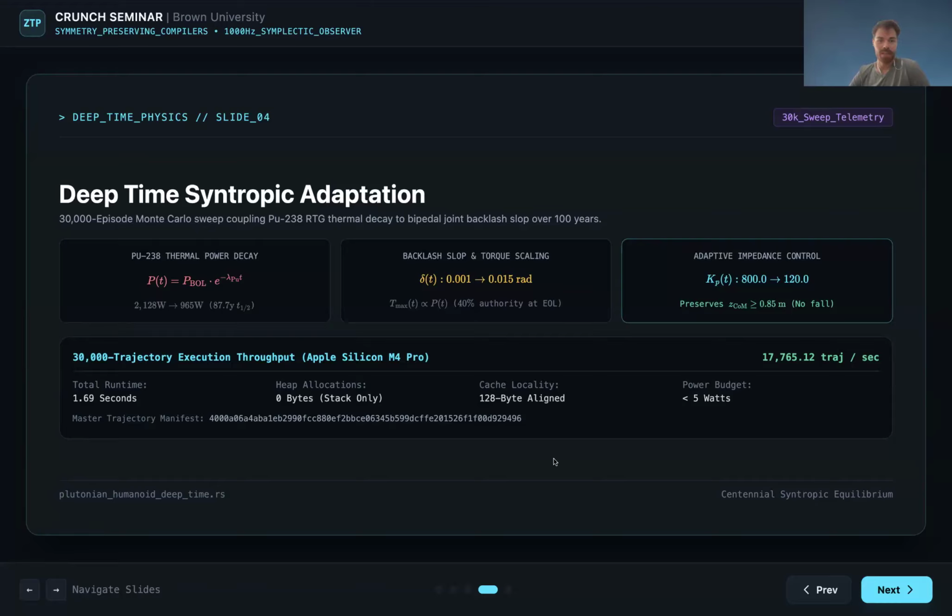I recognize that saying that I ran 30,000 trajectories at 17,000 trajectories a second, with a total runtime under 2 seconds, sounds kind of insane, because even for me these throughputs have started to evolve, and I think that's an important thing to say.